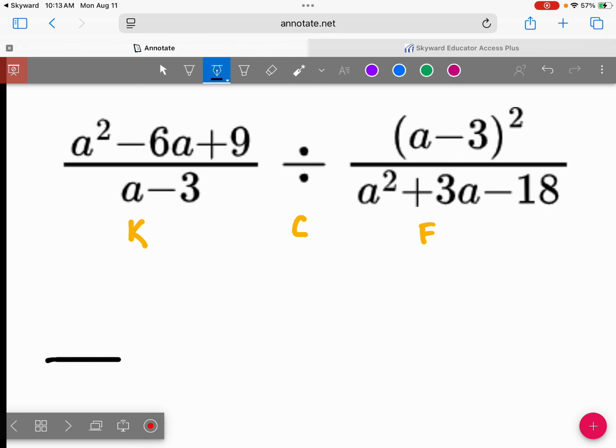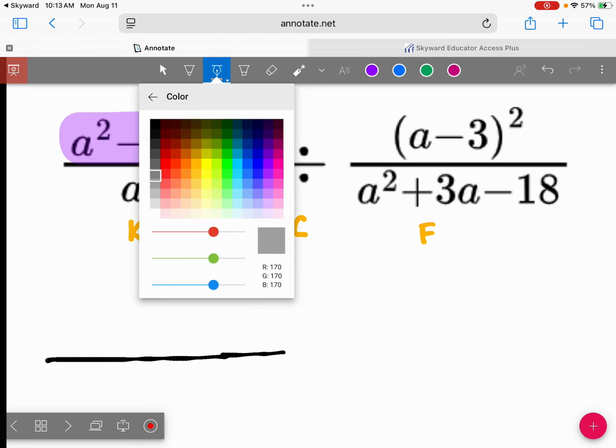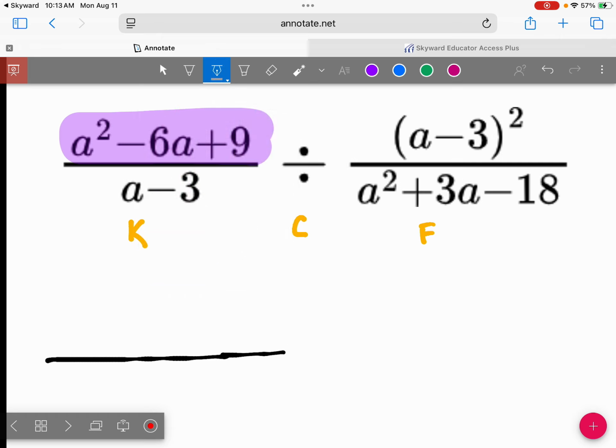But that means my first fraction doesn't really change all that much. So we're going to have our a squared minus 6a plus 9 that we need to put into factored form. What is that one going to be in factored form? Multiplies to be 9, adds to be negative 6. Negative 3 and negative 3.